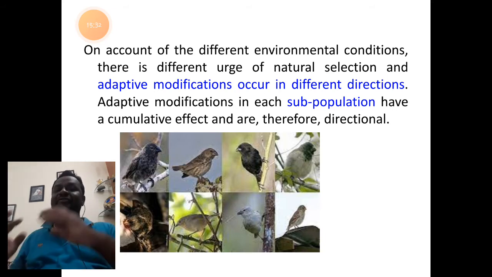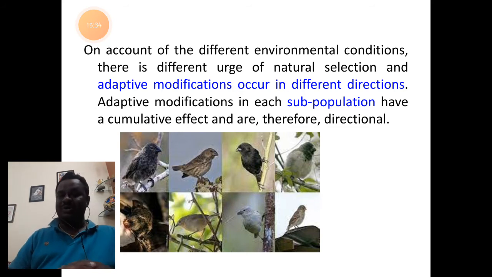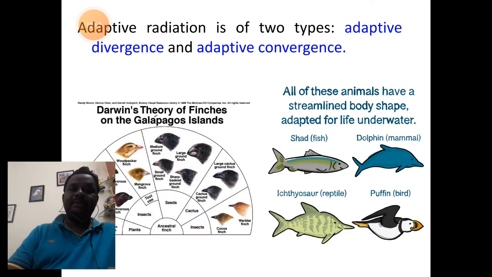So the cumulative effect plays a very important role, and this cumulative effect should pass in directions. It could be a single direction or towards all the possible directions. So that's about the importance of the mechanism of macroevolution.